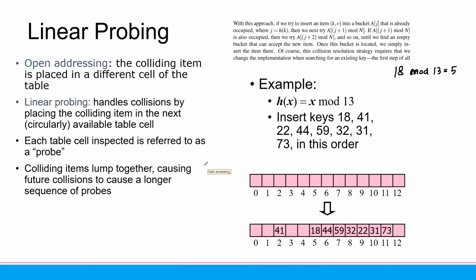What I can say is put 18 in the index 5. Okay. And the next, 41. 41 mod 13 is 2. Then I can put 41 there.